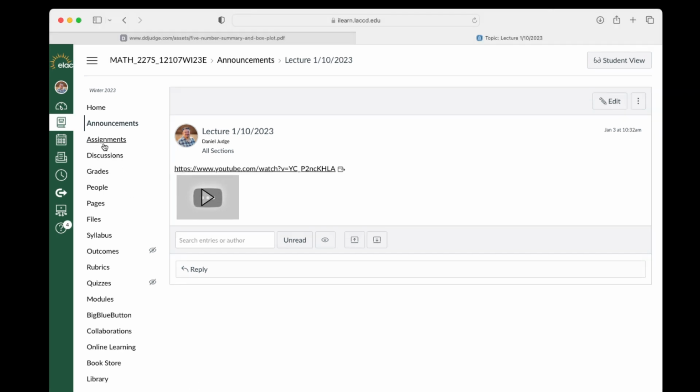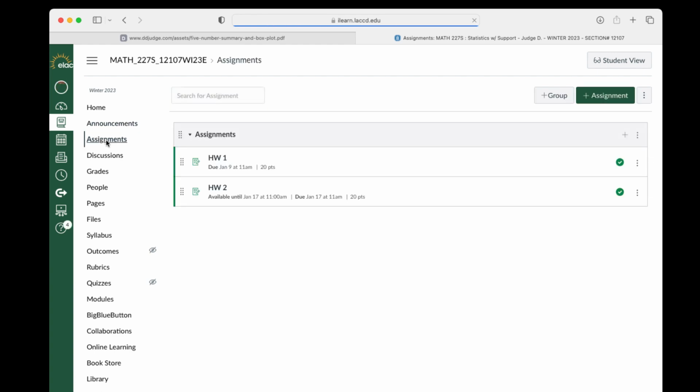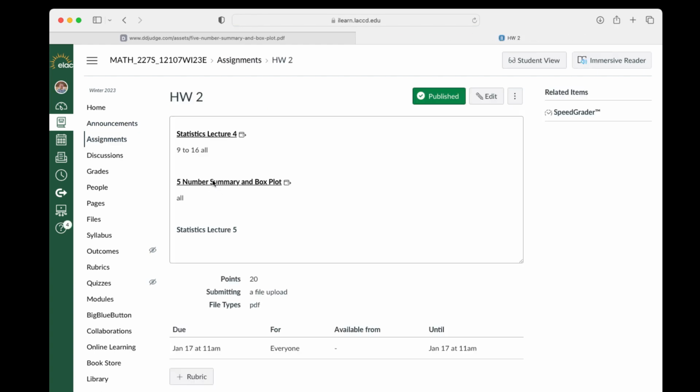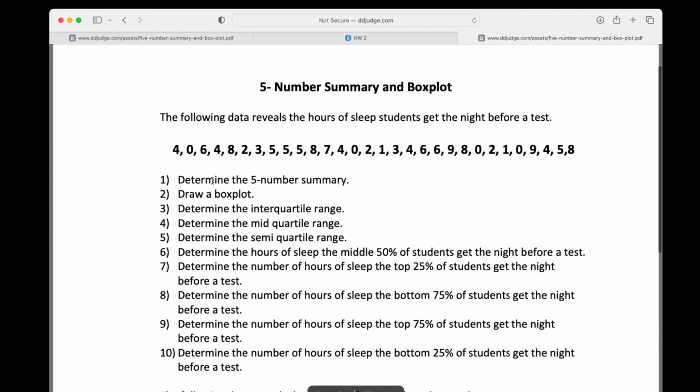Okay, in the assignment portion, I put up in homework 2 a little worksheet for you guys this morning, creating the 5 number summary and a box plot. So this morning I'm going to have you warm up with that as a review.